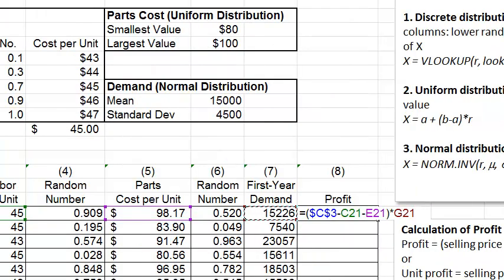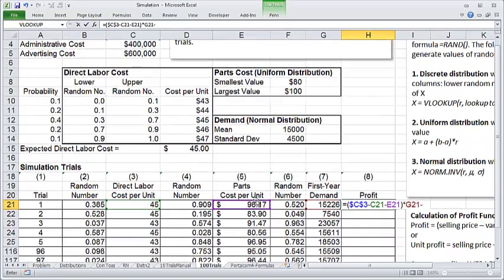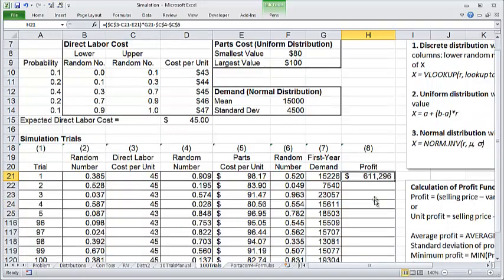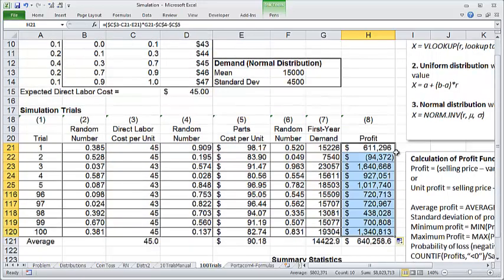Okay, then minus the fixed cost of $1 million, but we gotta look for them. There's a $400,000, dollar signs, minus $600,000, dollar signs, so that adds up to subtracting $1 million. Okay, that's it. And then again, copy it down.